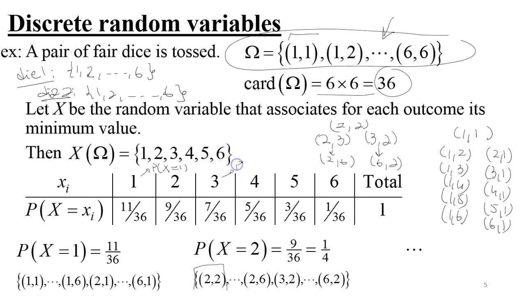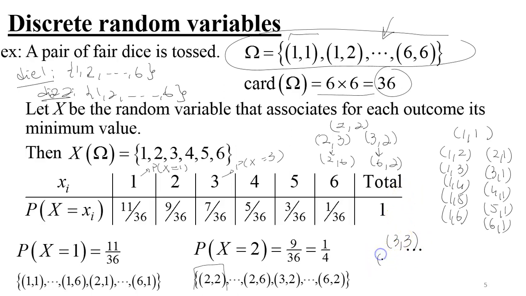So probability here of x equals to 3. To find the probability of x equals to 3, you'd have to in fact count the ordered pairs that would give you a smaller value equals to 3. For example, you'd have 3, 3.